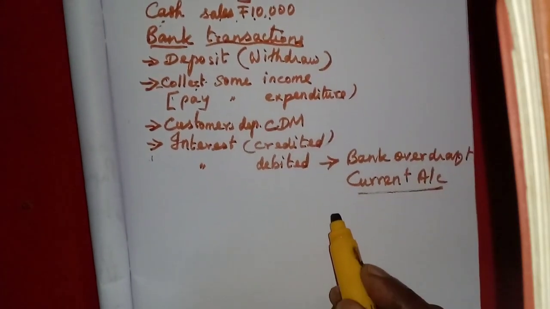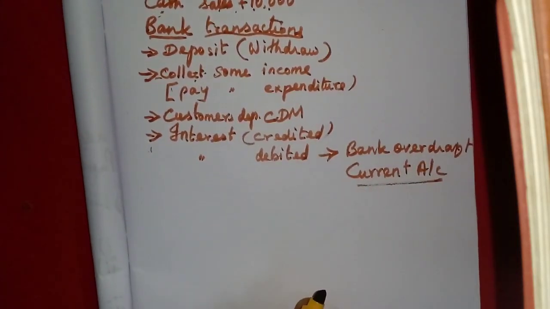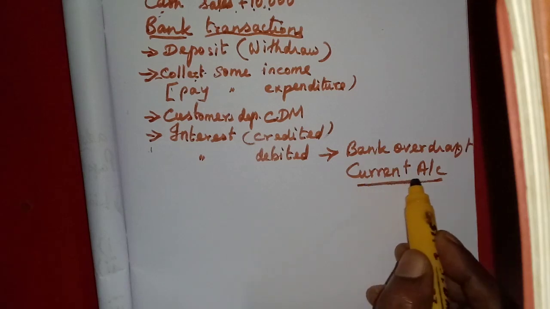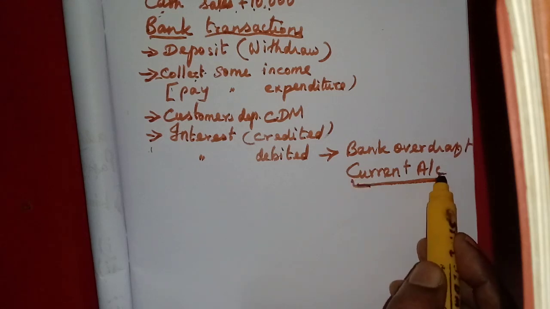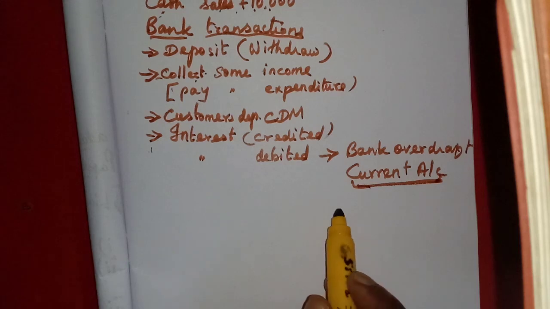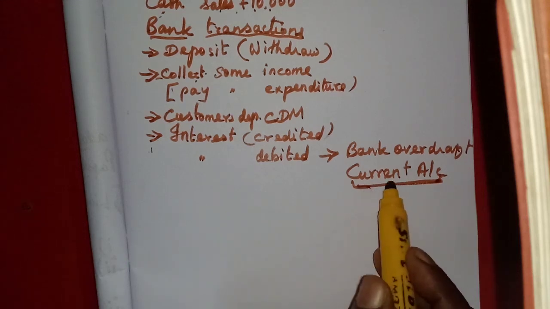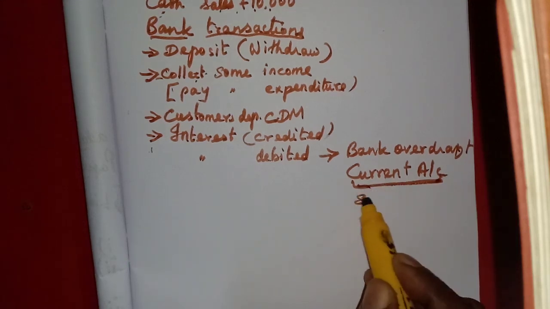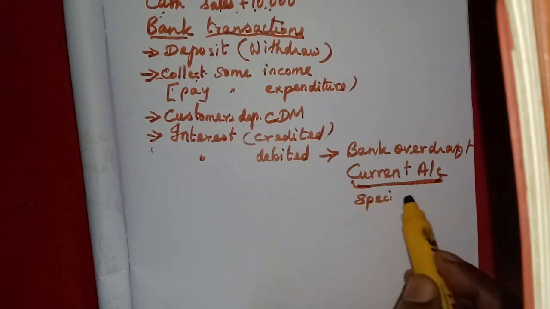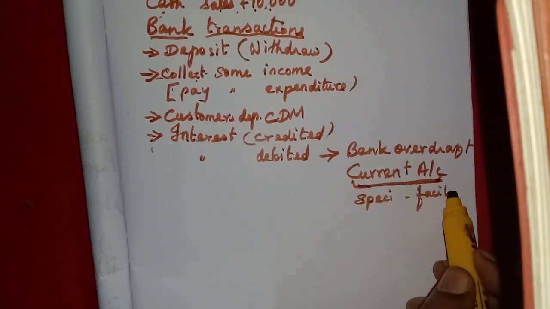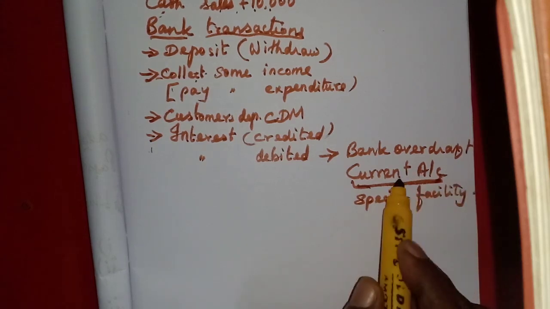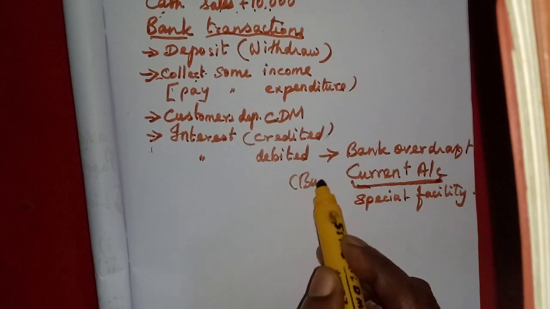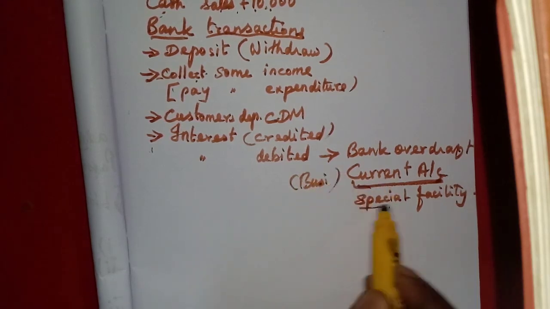Ordinary people open a savings bank account, but business organizations open a separate current account, because every day they will withdraw and deposit money, so there are transactions every day. For this current account, a special, peculiar facility is given to the business people. What is that?